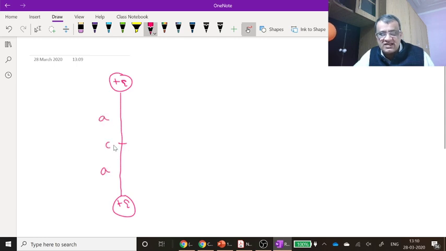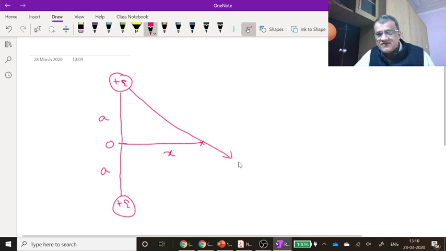So this is a, this point is O. And from here, x away, I'm having some point, say some point P. So due to this, the electric field, I'm calling it E1. Both are, let's call it E naught, because both of them will be equal in magnitude. This is also E naught. And if I say this is theta, this will also be theta. So these are also theta, theta.